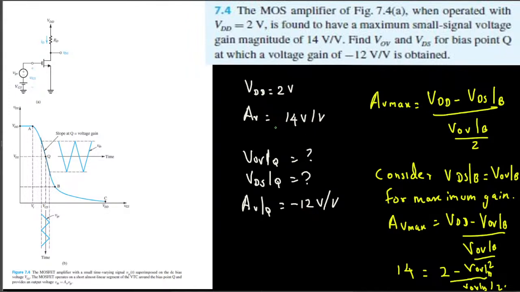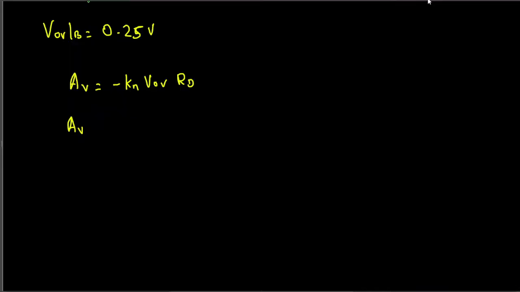Actually, we had to put 14 here and solve for it. Because KN and RD are the same everywhere, you have to put the gain related to this VOV.